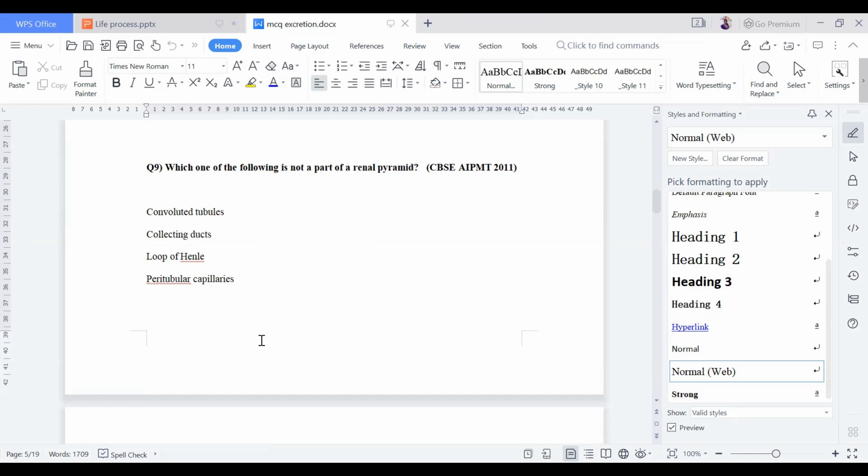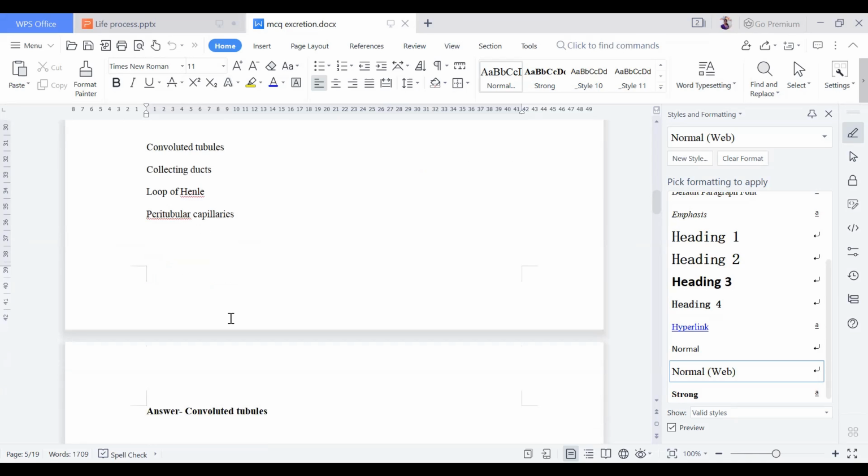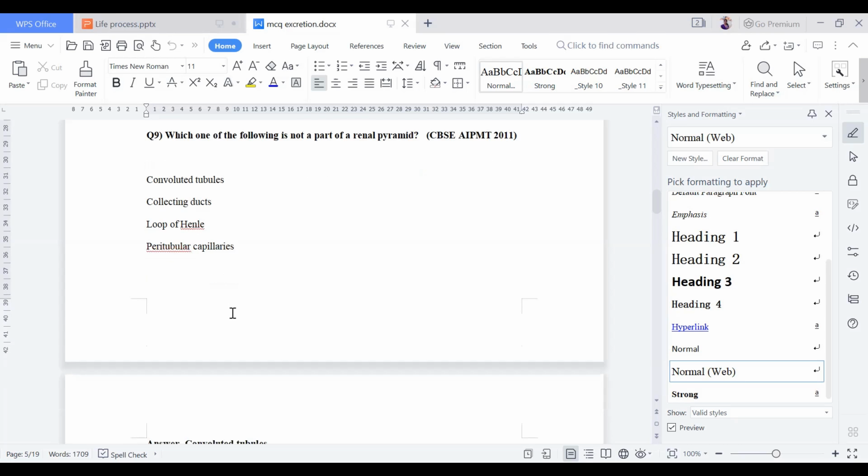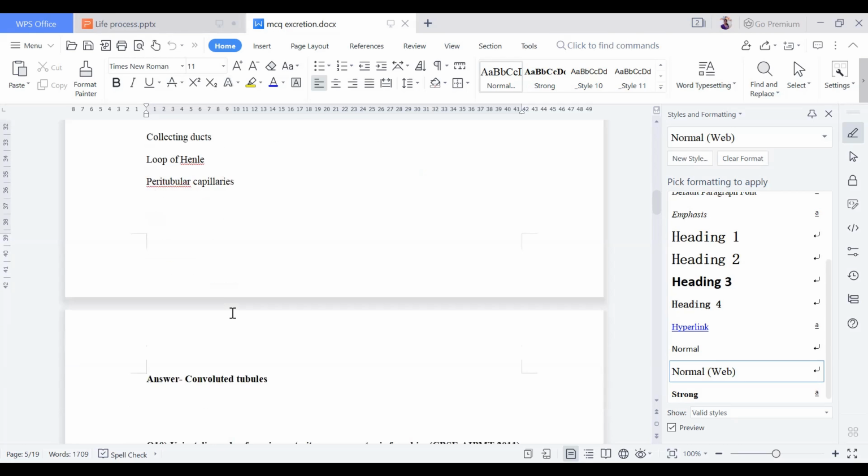Okay, so the answer here is convoluted tubules, which are not a part of renal pyramid. Okay.